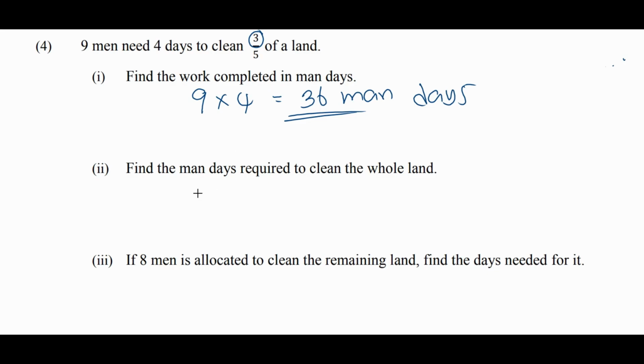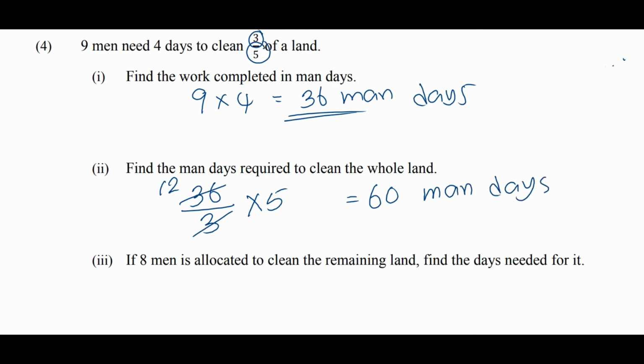Then I can divide this 36 by 3 to find 1 equal part of the work. Then I will multiply it by 5 to find the total work. It cancels to 12, and 12 into 5 equals 60 man days. That means the total land is a task of 60 man days.